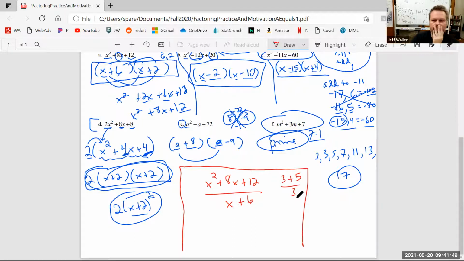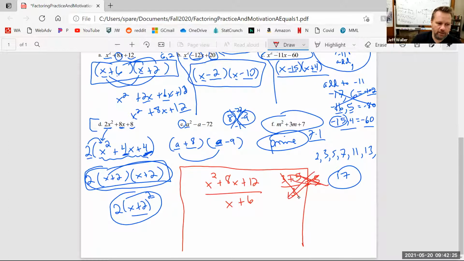The only time you can cancel numbers in an expression is if the operations are opposites. What's the operation on the top? Addition. And what's this operation here? Division. So do those kill each other? No. In fact, what is 3 plus 5? 8. And does 3 go into 8 evenly? No. So if you tell me the answer is 5, that's some magic right there. Tell me 8 divided by 3 is 5.